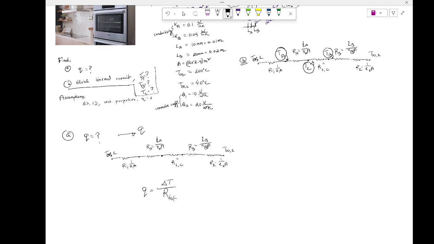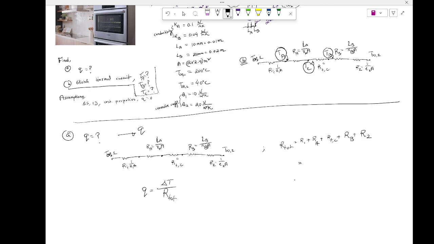So the R total value that I have, I'm trying to separate them so there won't be any confusion, okay? R1, R2, RTC, RB, R2, these are all 5 resistances you're trying to write.